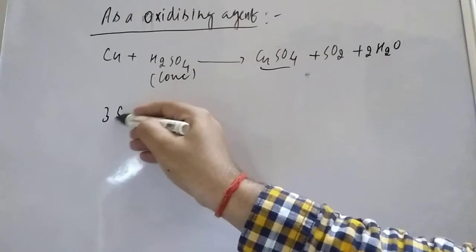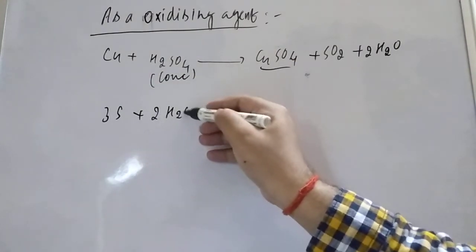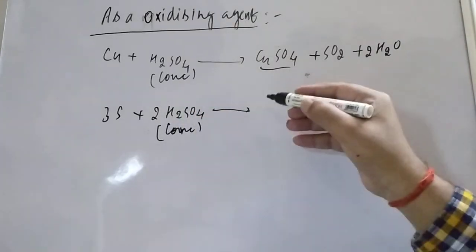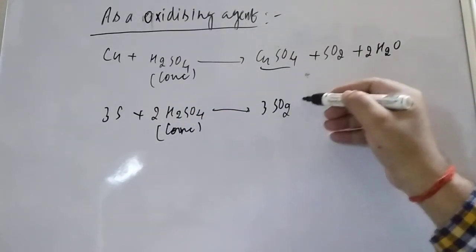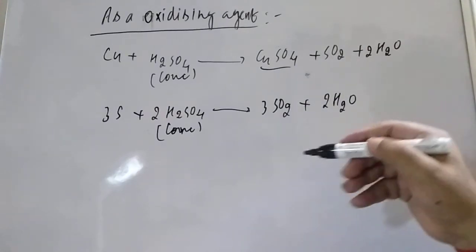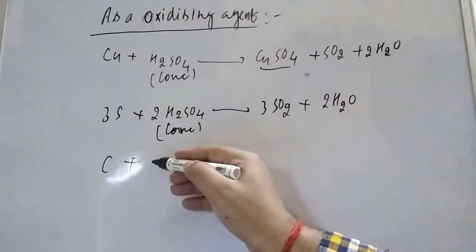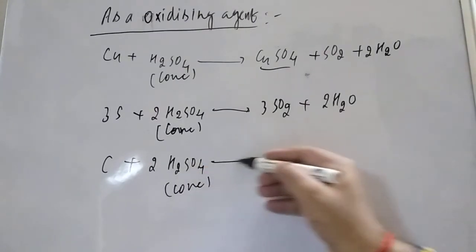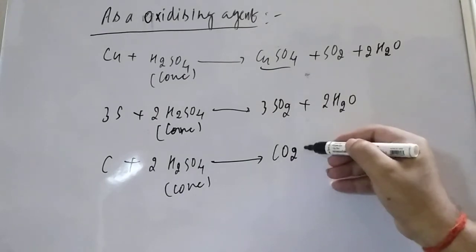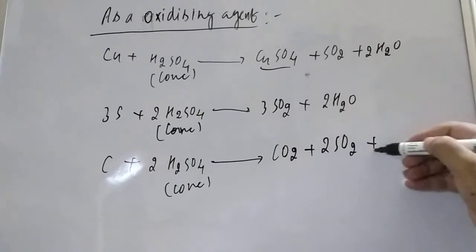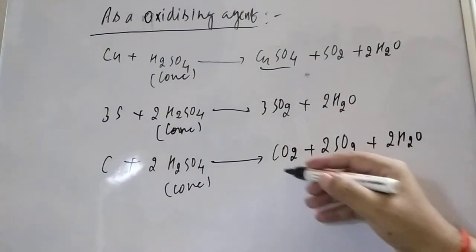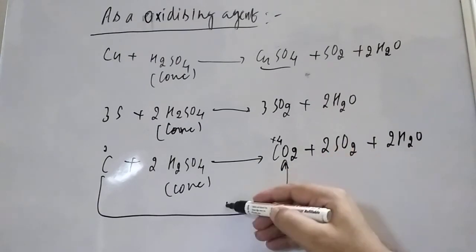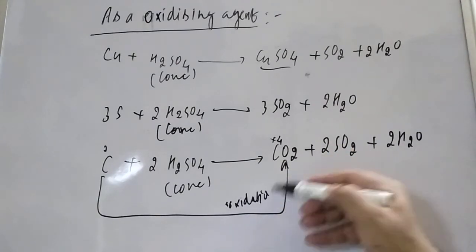If you take sulfur and treat it with concentrated H2SO4, it gives 3SO2 plus 2 water molecules. And lastly, if you take the non-metal carbon and treat it with concentrated H2SO4, it gives CO2 plus 2SO2 plus 2 water molecules. Here the oxidation number goes from 0 to 4, so this is an oxidation reaction.